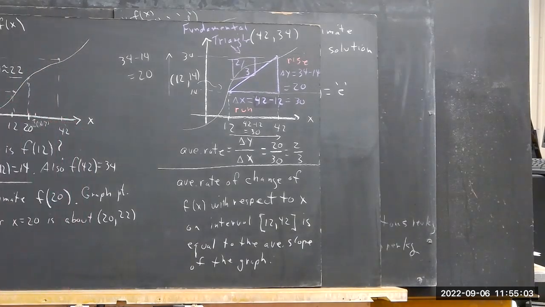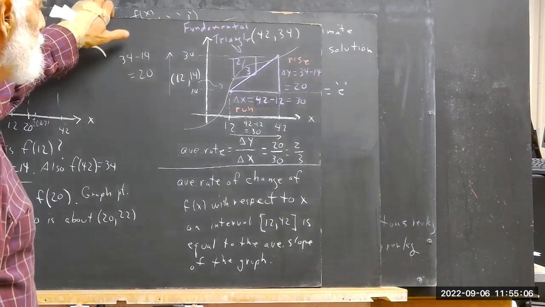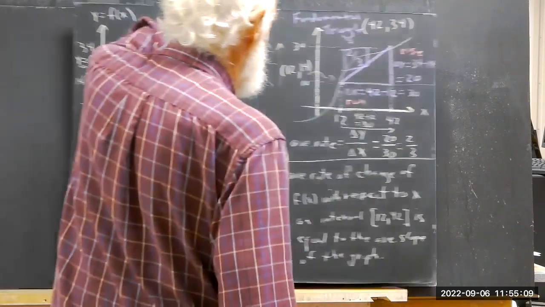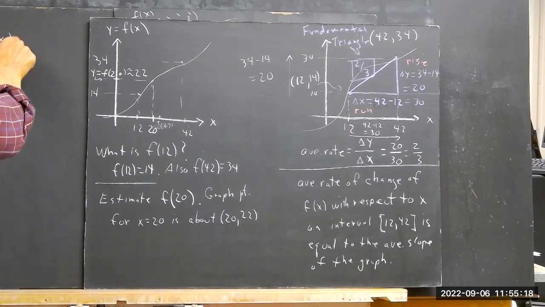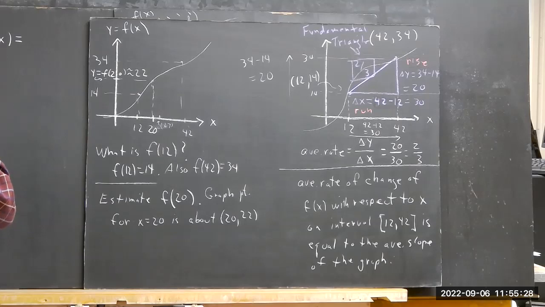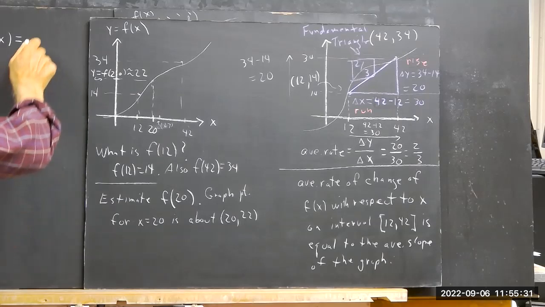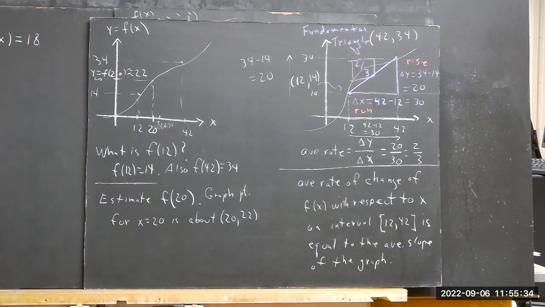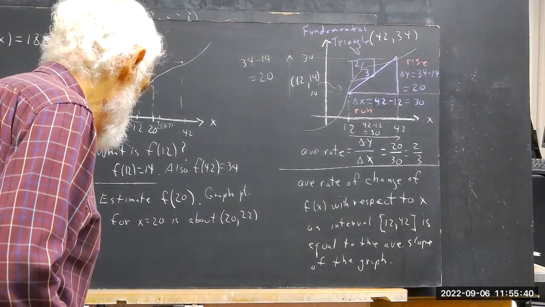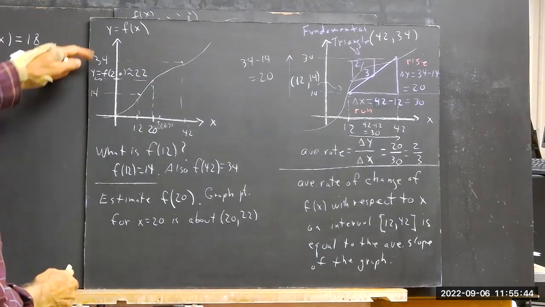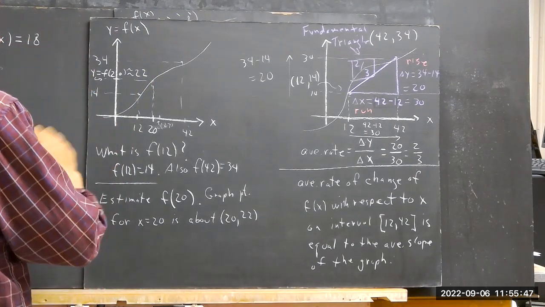Okay, then. Solve the equation f of x equals 18. 14's here and 34 is here. 18 is a lot closer to 14 than it is to 34.